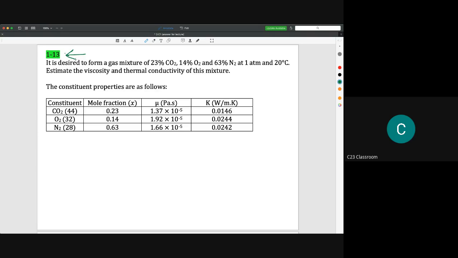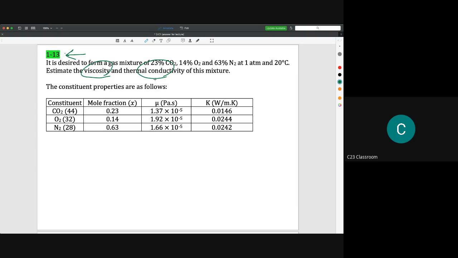Okay, for 1.13, it is very critical, because this is the way we calculate the viscosity and thermal conductivity. We estimate the viscosity and the thermal conductivity for a mixture of gas. Why? Because viscosity for gas is actually not easy to measure. It is different from the viscosity of liquid.